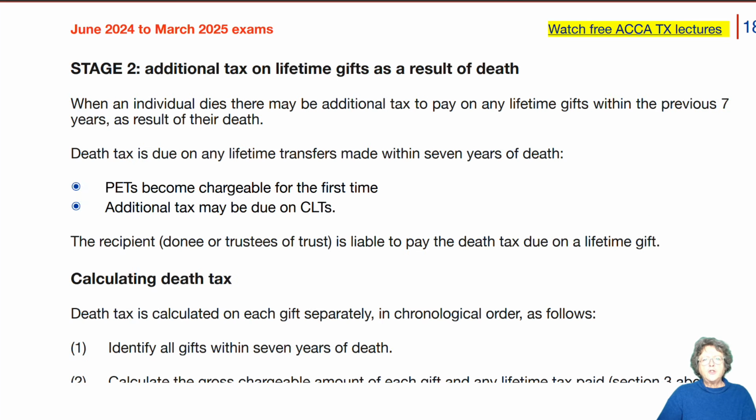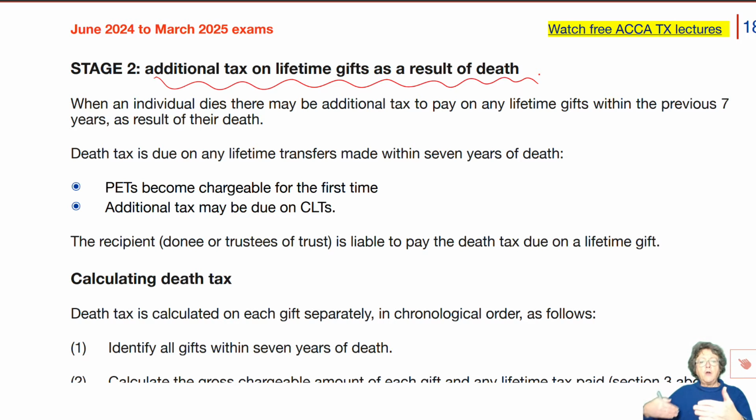So stage 2 of the process for working out inheritance tax is where there is additional tax on lifetime gifts as a result of death. So if somebody dies in the 7 years after making gifts, we need to re-look at them in view of the change in this individual's circumstances.